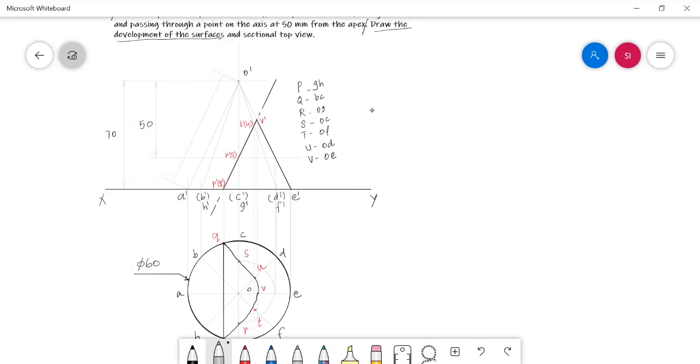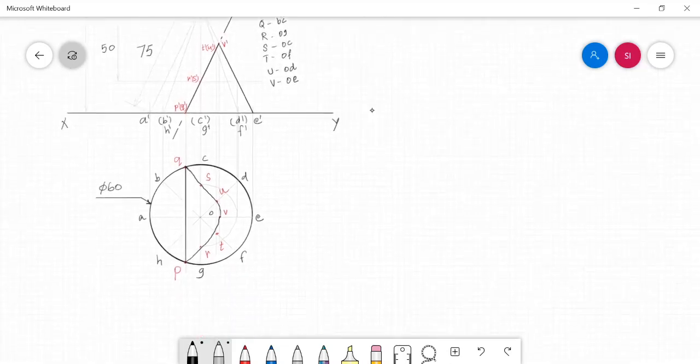Approximately in this problem I consider it as 75 mm. Definitely the value may vary when you draw this drawing with correct scale with your proper tools in the paper, but here approximately I considered it as 75 mm.